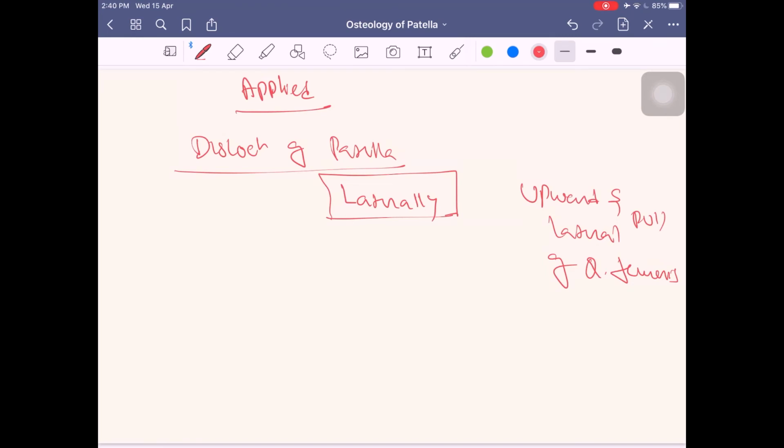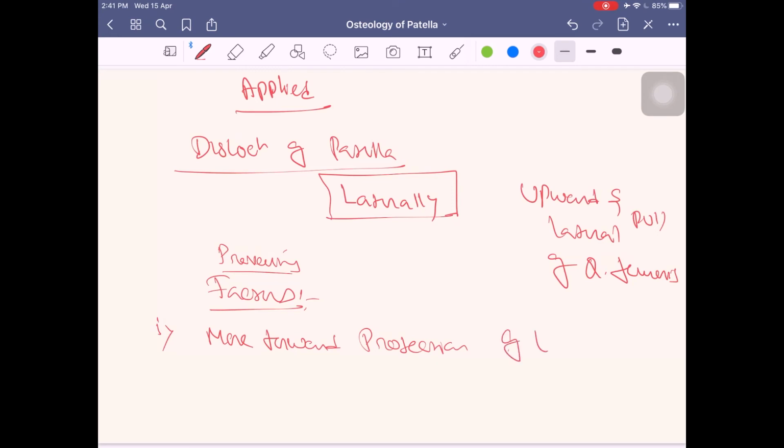But normally it is not happening in you and me, so there are some natural preventing factors. There are three preventing factors which will prevent this, and if any one of these factors fails, then the lateral dislocation happens. One is the more forward projection of the lateral femoral condyle.